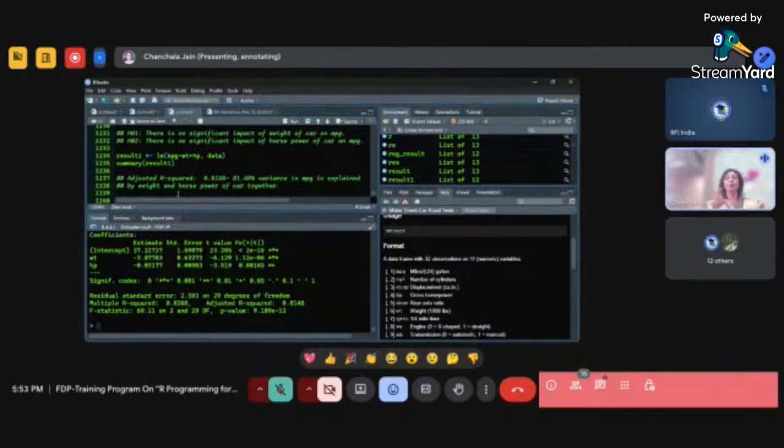Both the independent variables collectively explain approximately 81.48% variance in the MPG. Means how much change is possible in the MPG when you are considering variables like weight of the engine and horsepower of the engine. So approximately 81.48% change is possible in the MPG, right? Is it clear?